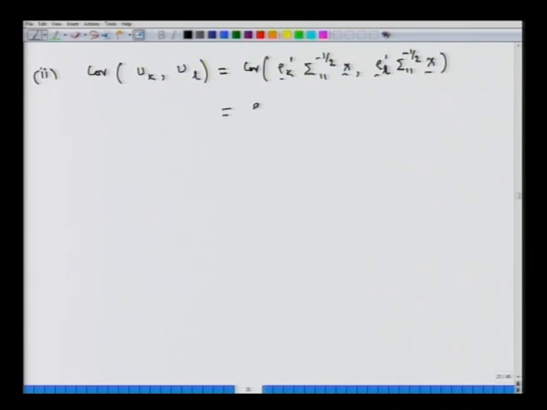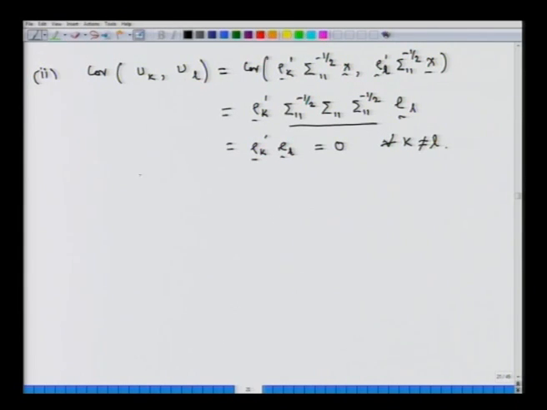So, this term is equal to E_k', and once again this same matrix is going to come here, which is going to lead us to an identity matrix. So, this is Σ11, this term here, which is multiplied by this E_l vector. So, this will be an identity matrix, and what we are left with is simply E_k' E_l. Now, since we have E_k orthogonal to E_l, we will have this equal to 0 for every k not equal to l.